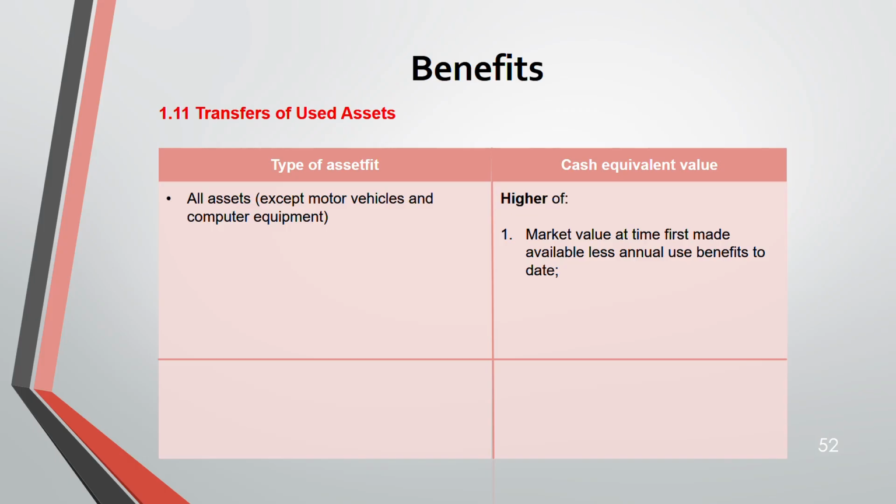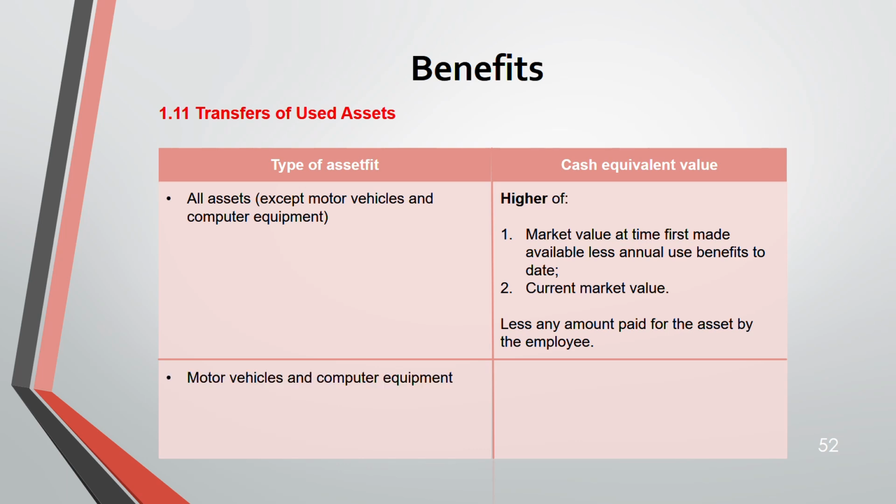Because it's a used asset, you must have some benefit to date that was already taxed. You have to deduct it from the market value. Remember, if the employee is paying towards it, you have to deduct it.